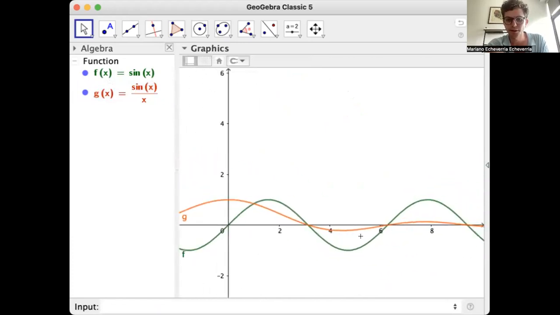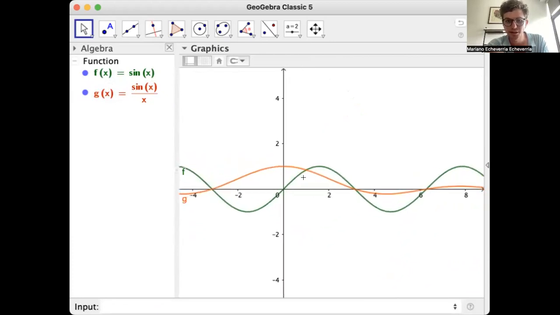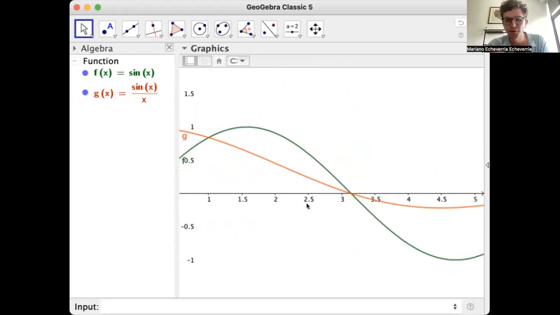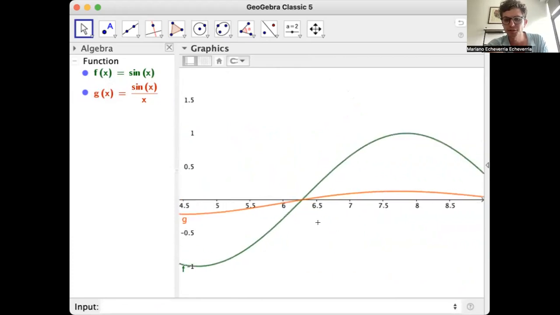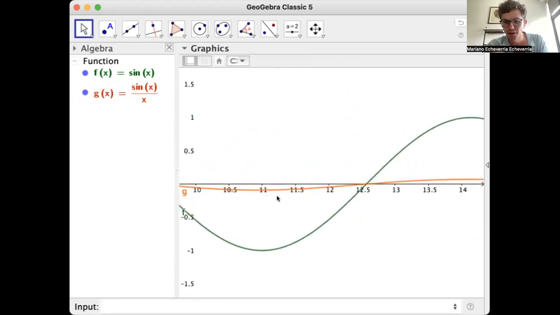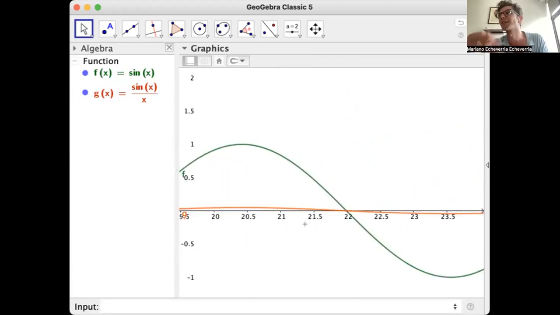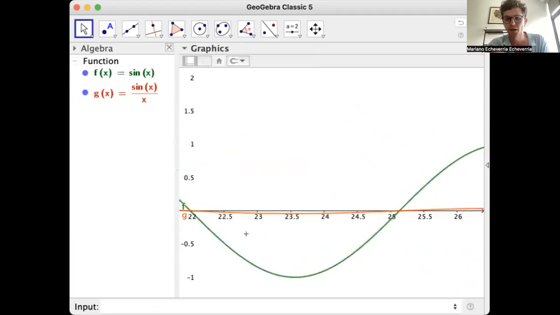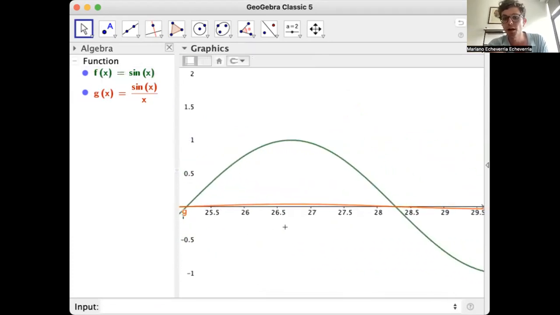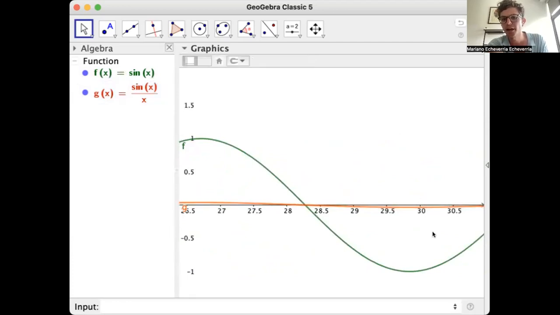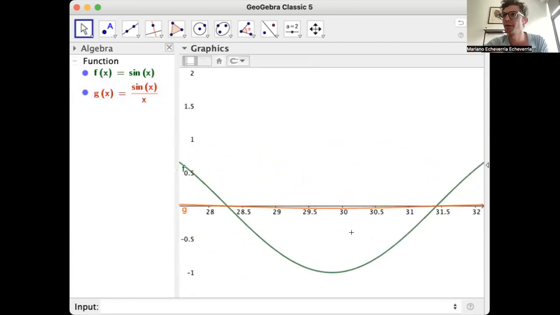Let's zoom out. It actually changes quite rapidly. If you look at the graph of this function, it still kind of tries to oscillate, right? It still goes up and down, up and down. There is a sense in which it tries to repeat itself as the sine was, but every time it repeats, if you think of this as a wave, the peaks and the valleys, or the crests, shrink in size.